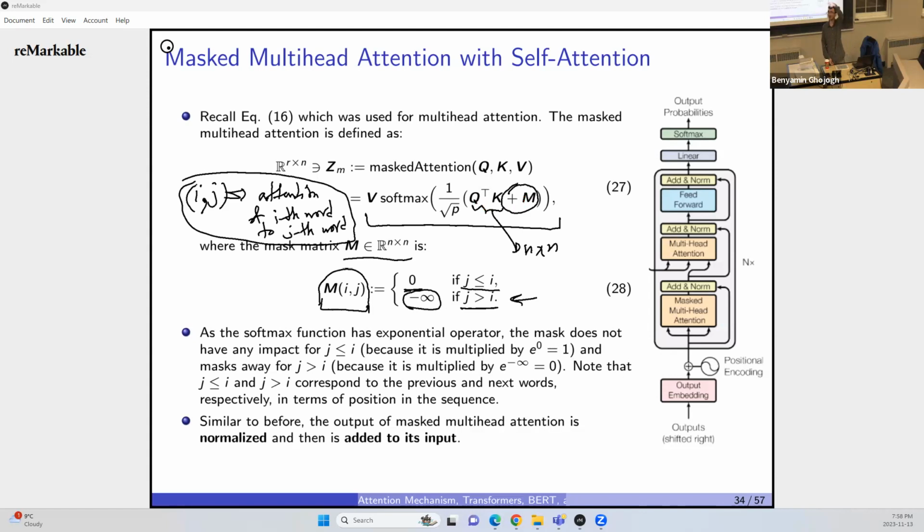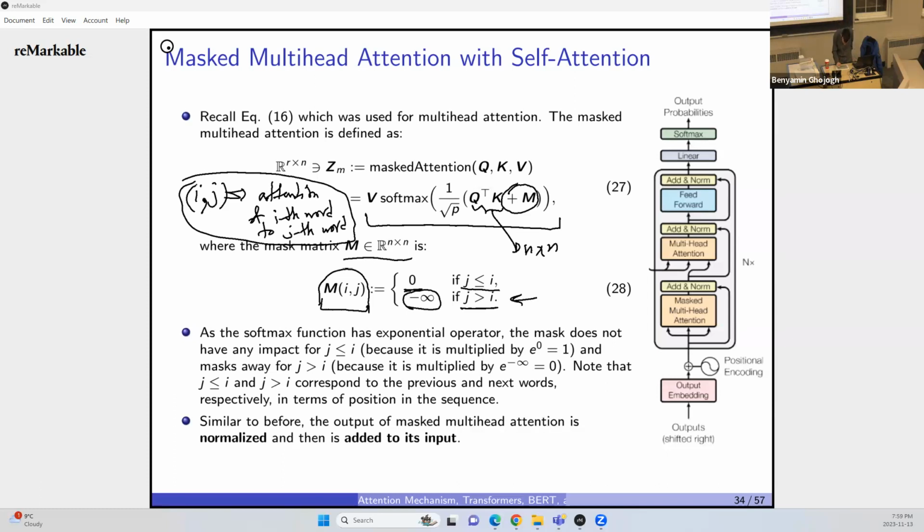Softmax has an exponential operator. E to the power of minus infinity becomes, guys, in high school we learn e, the Neper number, to the power of minus infinity. It means 1 over e to the infinity becomes 0, right?